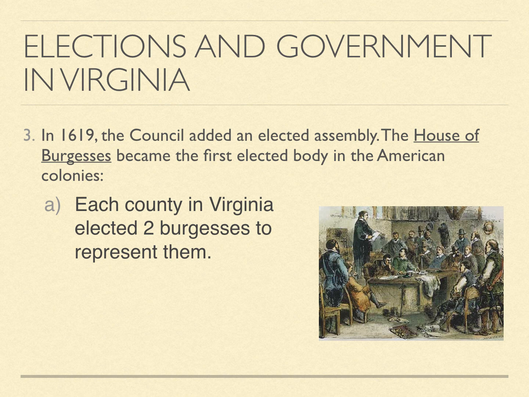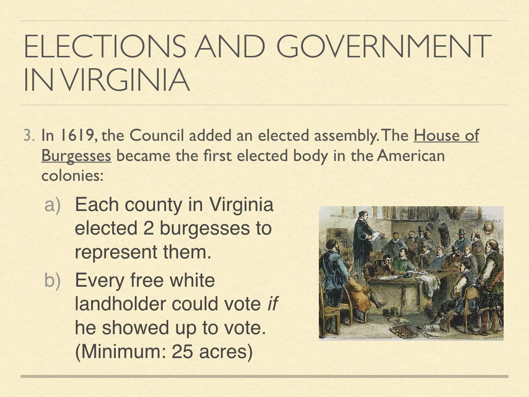We're expanding just beyond Jamestown now as time moves on, and the English settlers are taking over more territory. We establish new counties. And every free white landholder could vote if he showed up to vote. There was a minimum of 25 acres. You had to be free, you had to be white, and you had to own at least 25 acres.